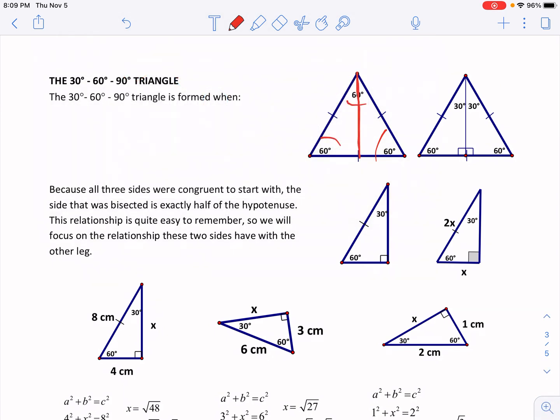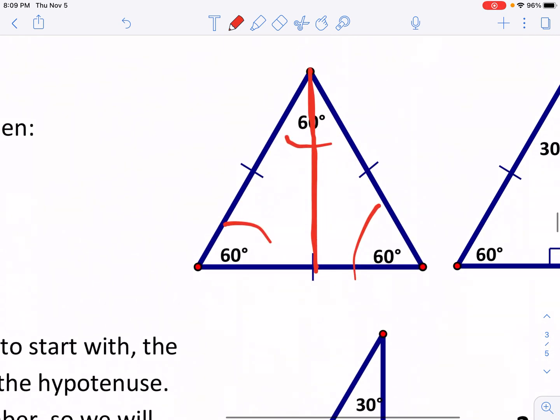When I say a perpendicular bisector that's forming the height of these two triangles, I'm saying I'm splitting this in half. In other words, this segment's length would be equal to this segment's length, but because it's a perpendicular bisector, we'd have a 90-degree angle and a 90-degree angle.